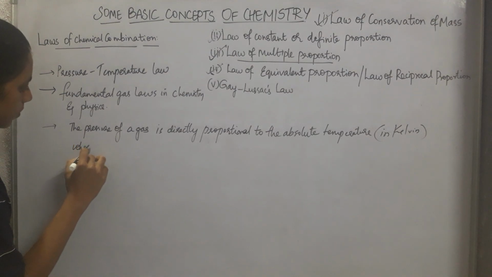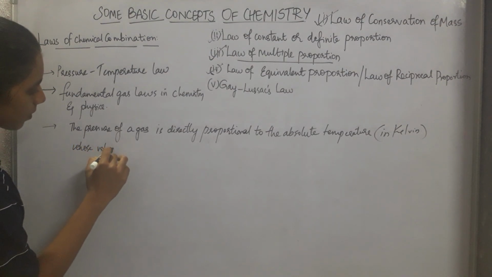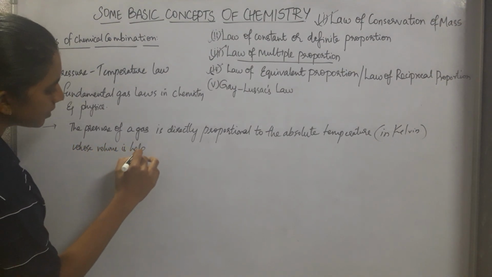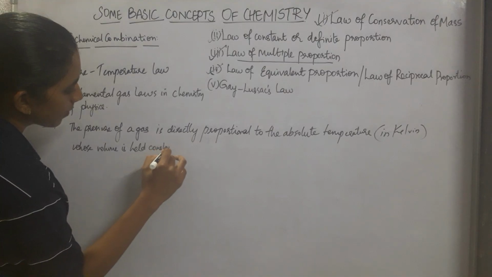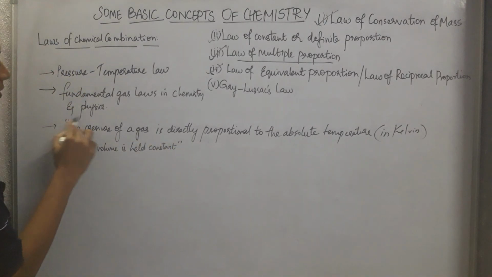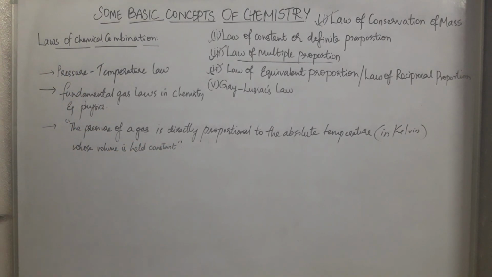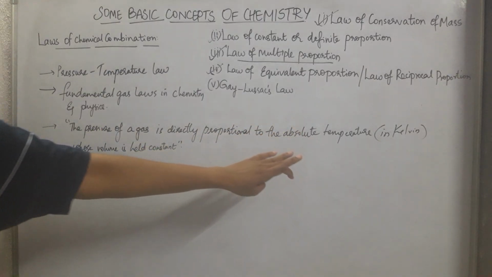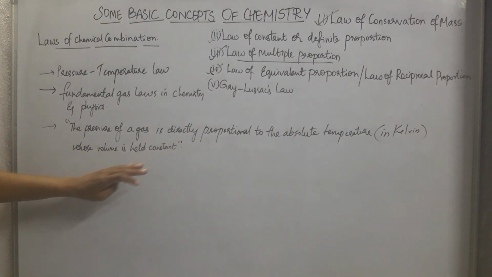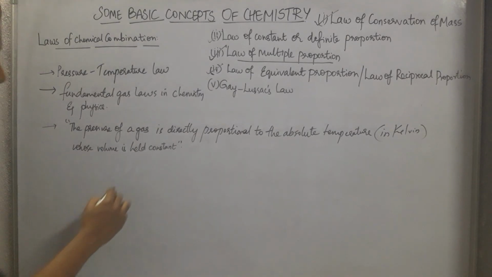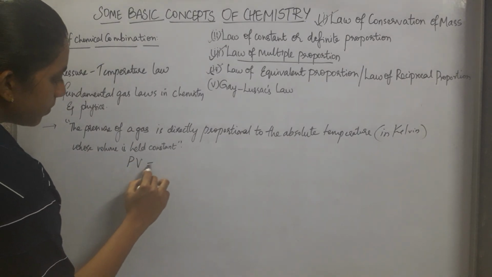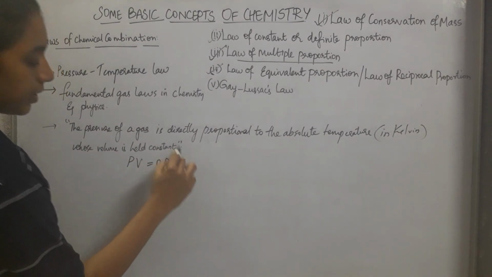whose volume is held constant. So this is the statement for Gay-Lussac's law. It describes the relationship between the pressure and temperature of a gas when the volume and the amount of gas are held constant. We all know the ideal gas equation, PV = nRT.